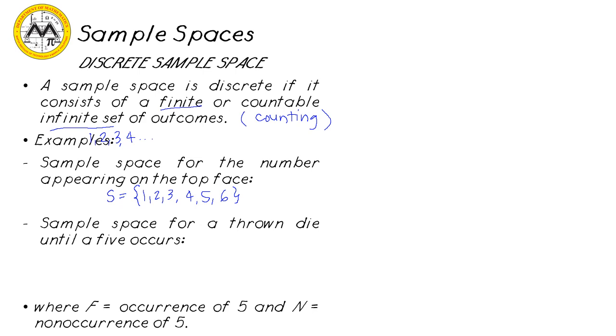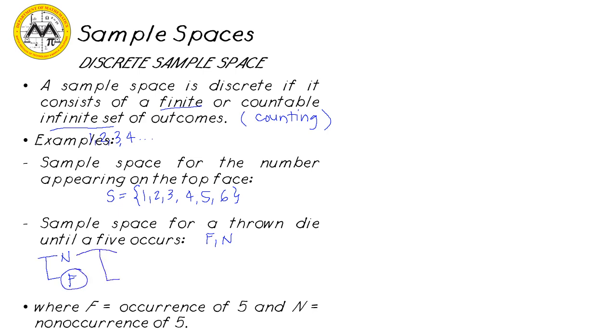Let's have another experiment. This is a sample space for a thrown die until a 5 occurs. So our possible outcome would be a 5 or a non-5. If we're going to toss a die, it can be a non-5 or a 5. So if a 5 occurs, the experiment is halted or is terminated.